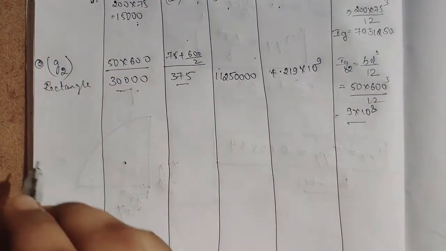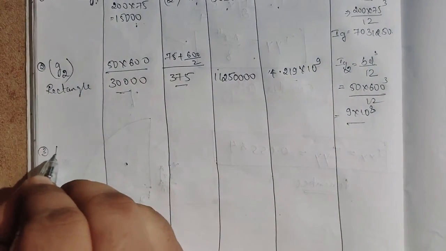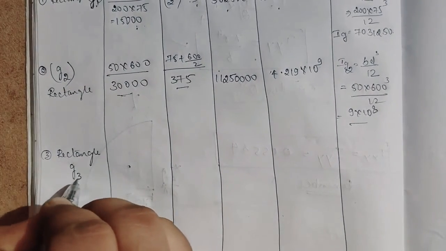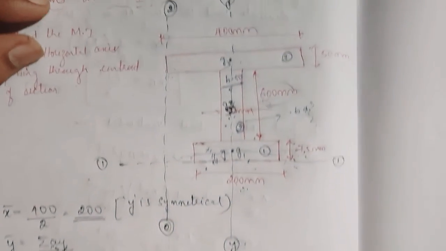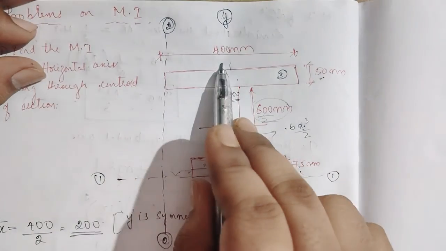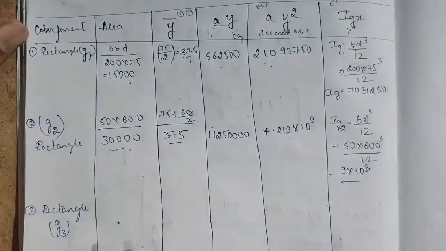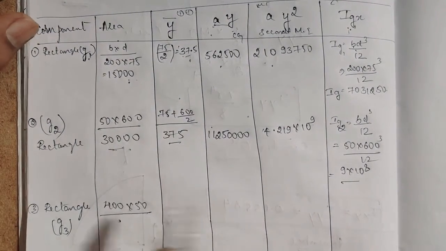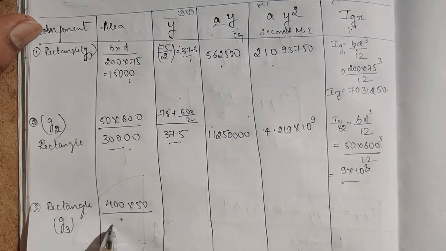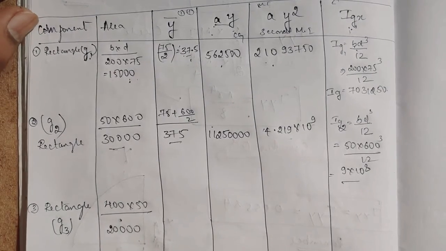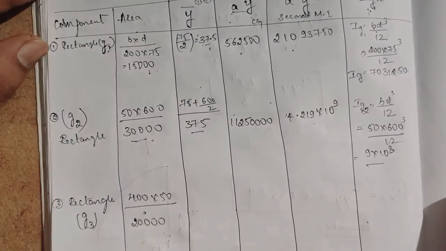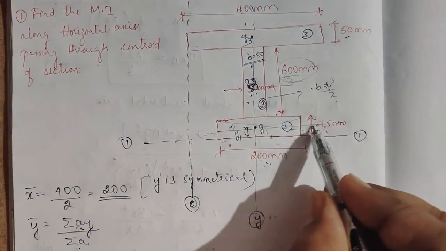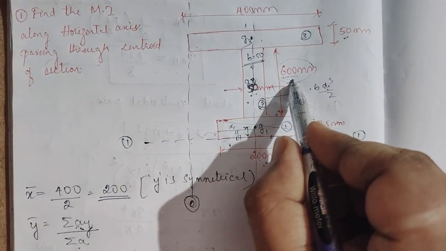Next, the third one is also a rectangle. I'll take it as G3. Its value is 50 into 400, so 400 into 50 will be 20,000. The value of y from axis 1 is, from here to here 75, 75 plus 600.